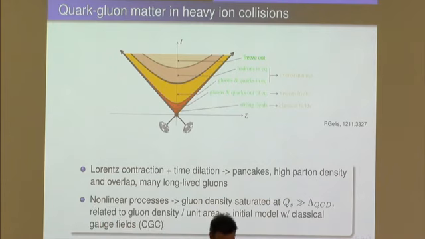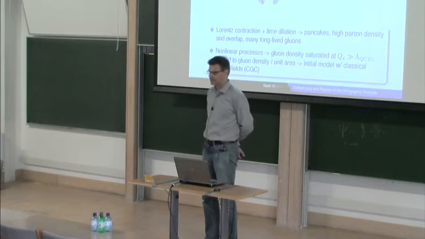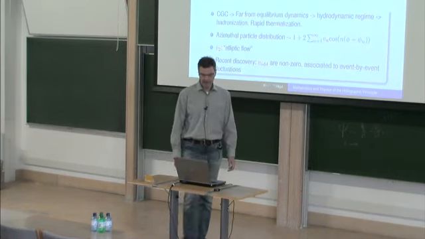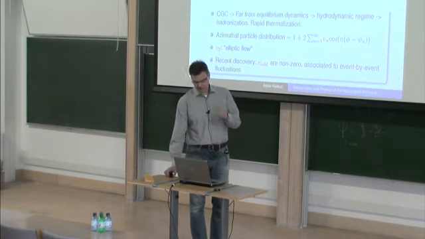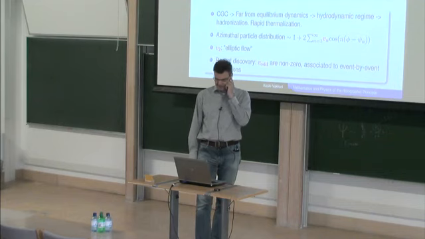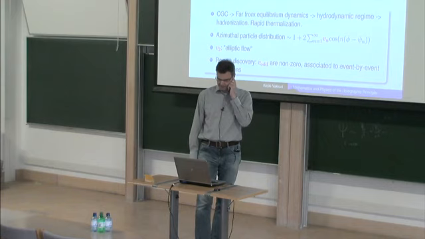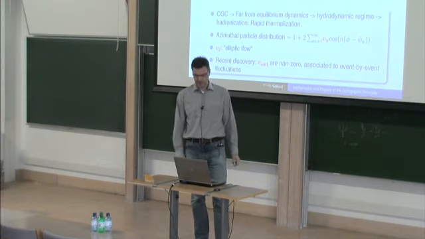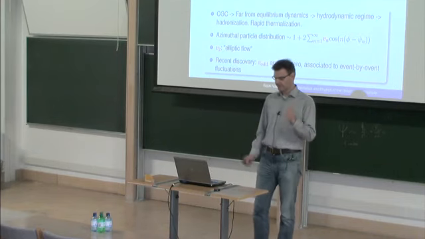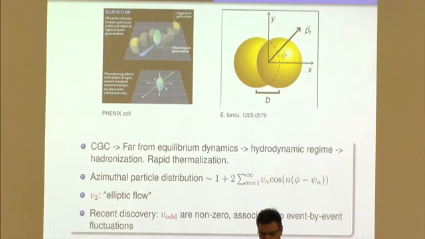Then the system hadronizes, and you have this stuff flying out in the end. So what's the not so well understood part of this process is the far from equilibrium dynamics before the hydrodynamic regime.